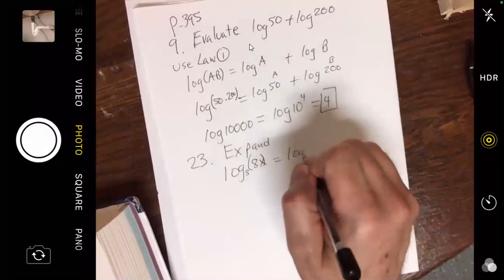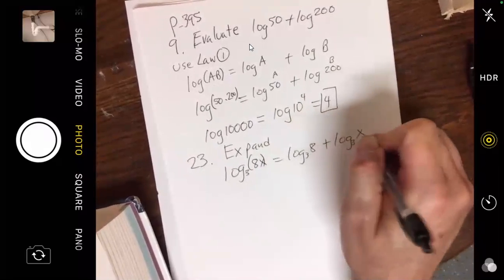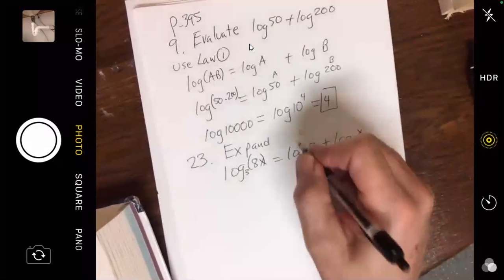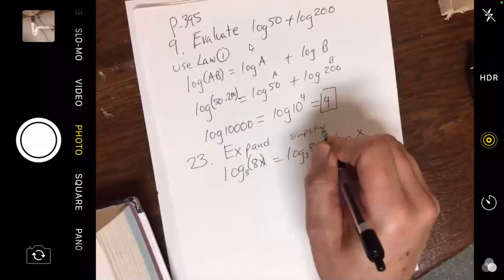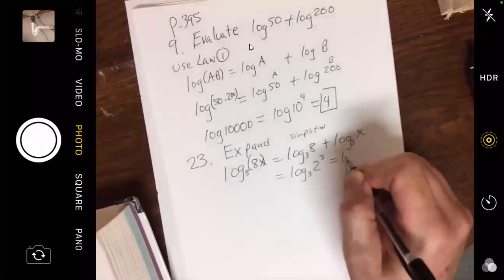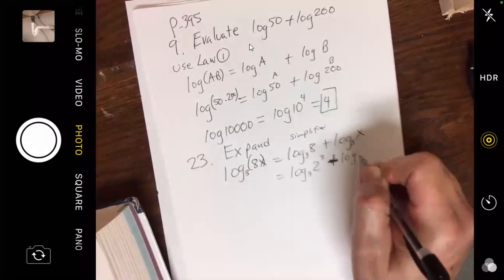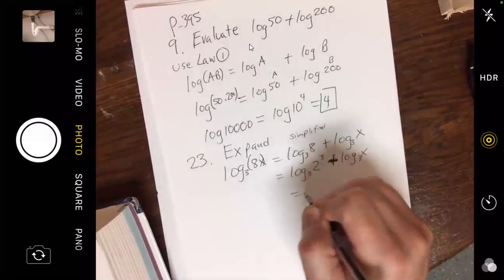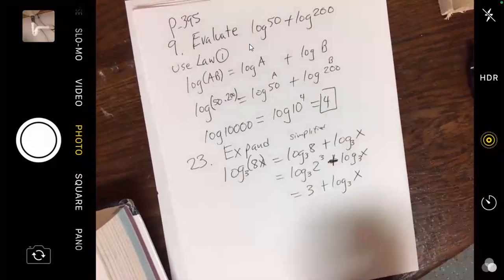That would be a log base 3 of 8 plus log base 3 of x. I want this simplified: log base 3 of 2 to the 3rd plus log base 3 of x.